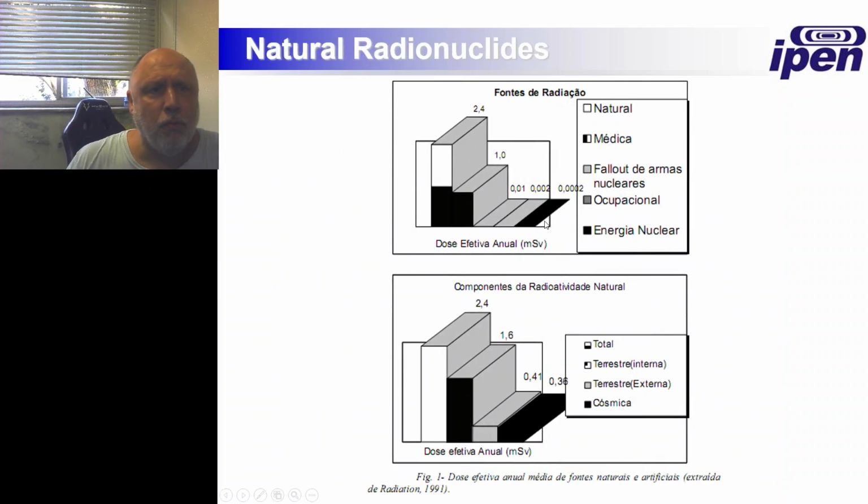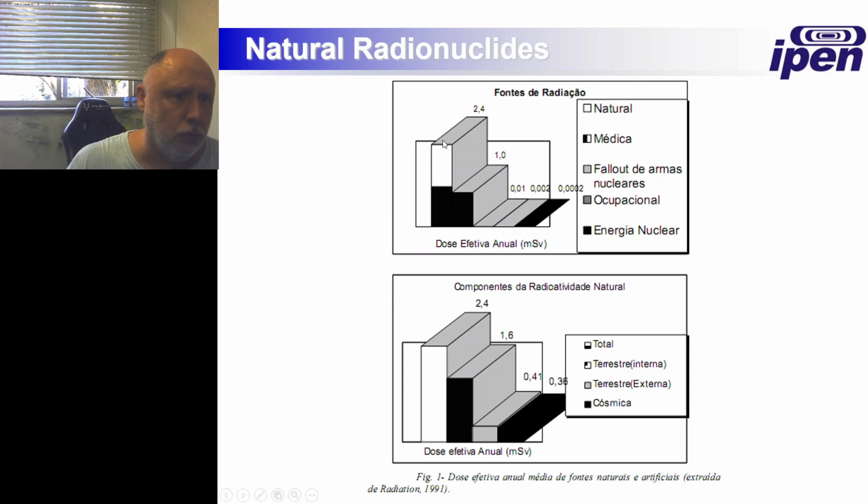So let's talk about the radiation you are exposed to just by being yourself, just by living. Here we have the natural radiation, which comes from these natural radionuclides plus the cosmic radiation and everything.